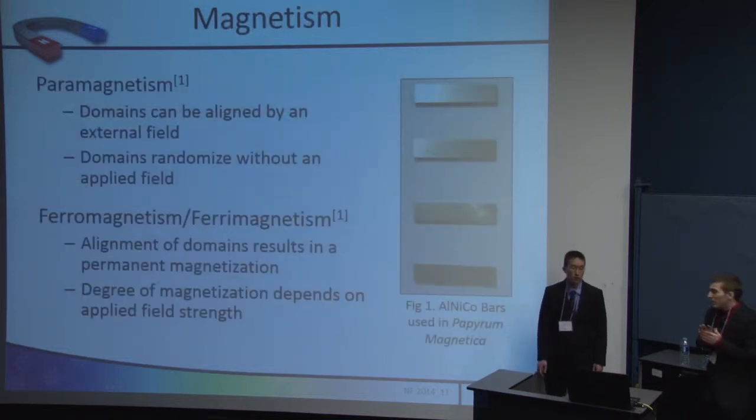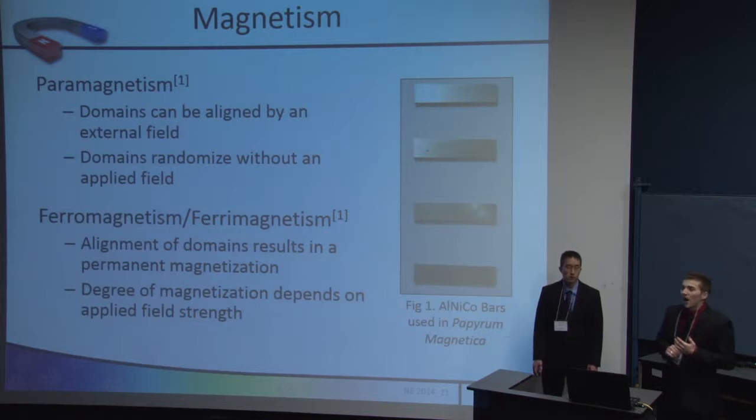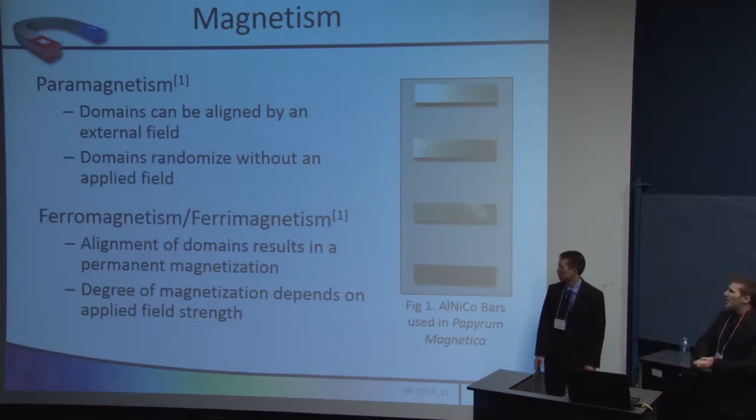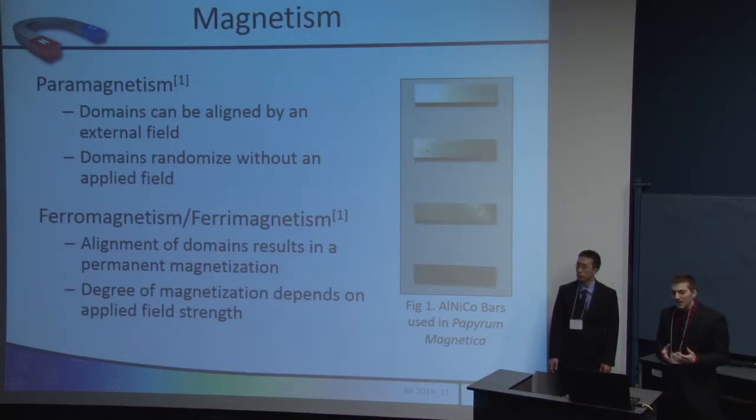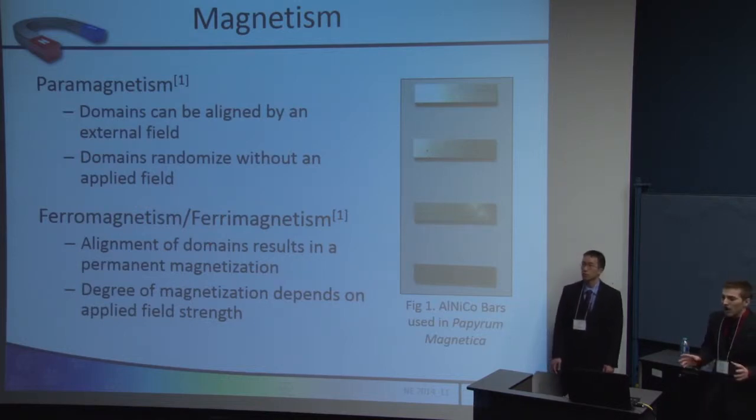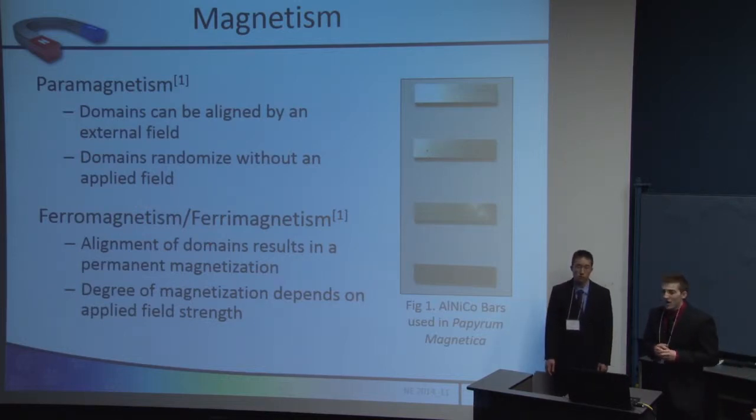So there's two types of magnetism that are used in our prototype. The first is paramagnetism. Paramagnetism is when the domains of the magnetic material can be aligned by an external field. However, they randomize when an external field is not present and they don't attract each other.